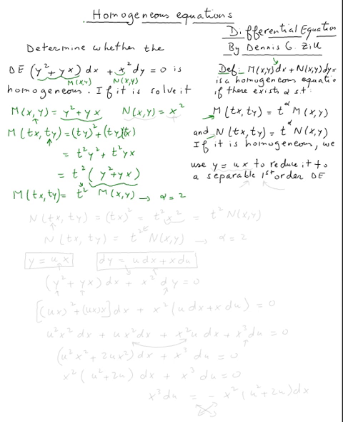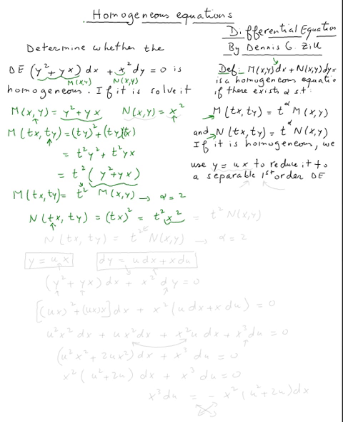Now we need to do the same thing for N of tx, ty. Remember, N of x, y is the first component squared, so this will be the first component squared, but this is just t squared x squared.